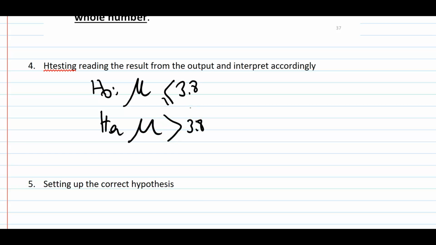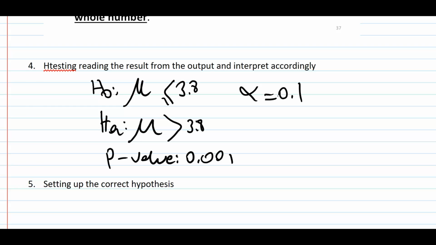And then we end up with a p-value, let's say 0.001, and alpha is 0.01. So what do we do?